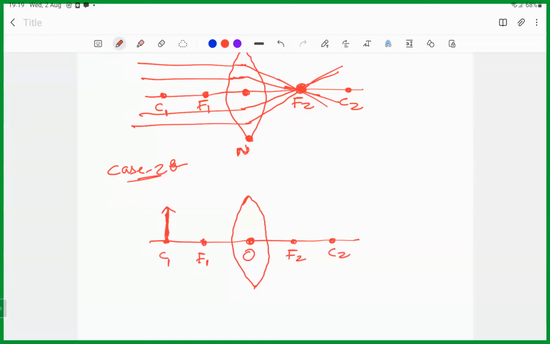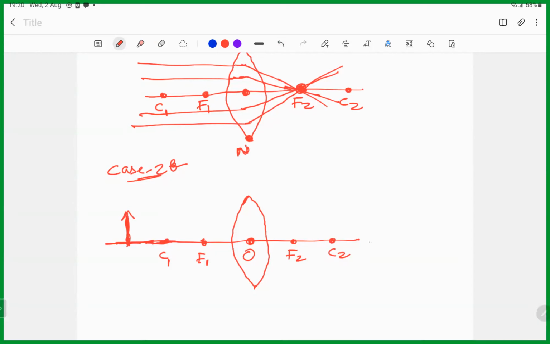Oh, sorry. So let's consider beyond C. Yeah, so next case is beyond C. Consider somewhere here. This is C. So it's between C and infinity, right? So how can you draw now? What are the two rays we can draw?